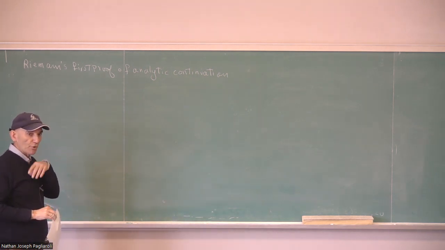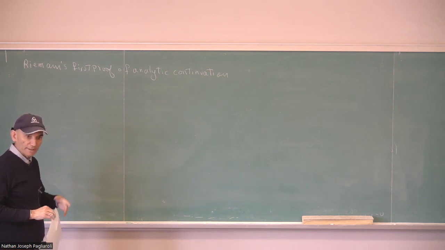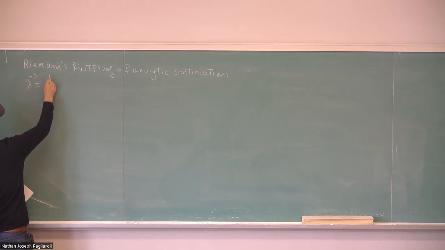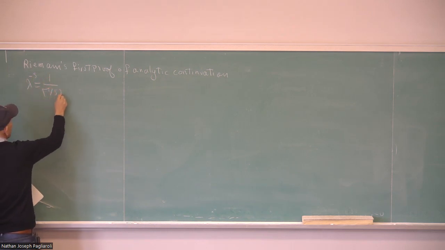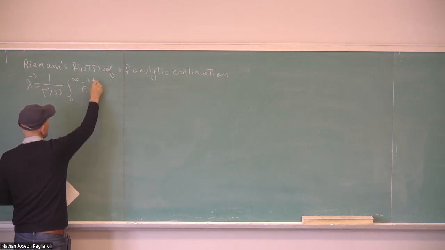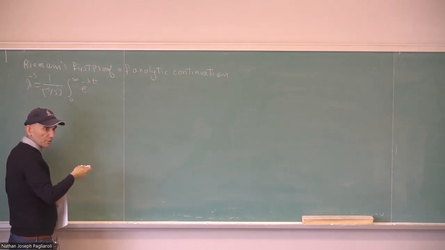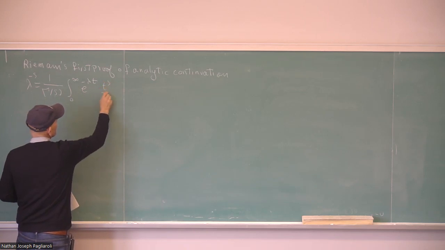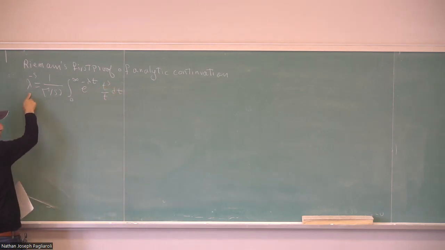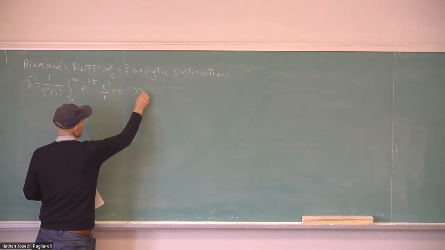We started with writing lambda to the power minus s, right? Remember we started with this formula: lambda to the minus s equals 1 over gamma of s, integral from 0 to infinity of e to the power minus lambda t, t to the s, dt over t. This was true for all positive lambda.